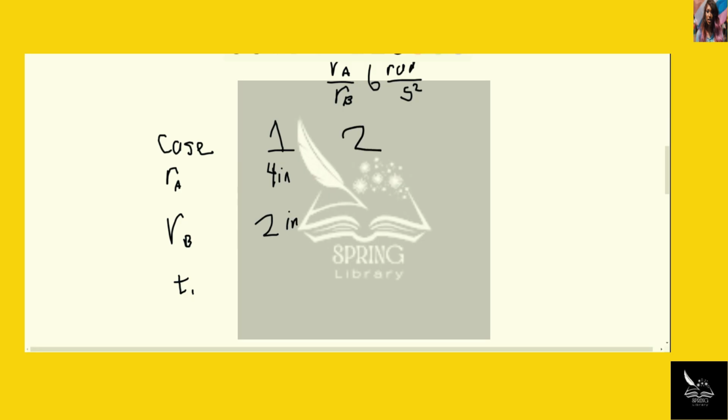Case 2 has RA is 3 inches, RB is 3 inches. Case 3 has RA is 2 inches, RB is 4 inches.